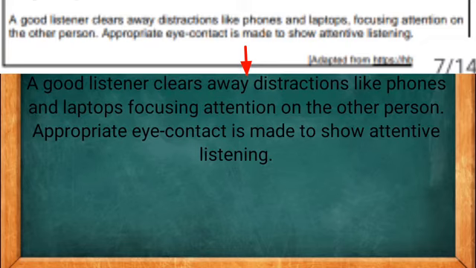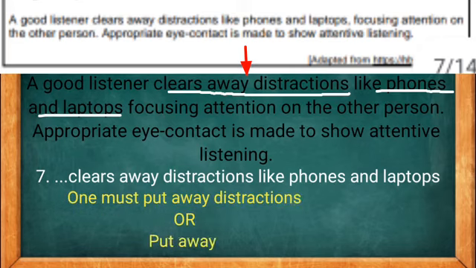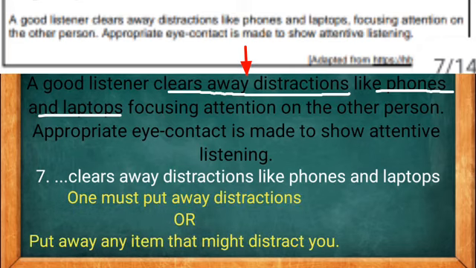Now, you'll notice here that the point is about clearing away distractions like phones and laptops, focusing attention on the other person. But the main point is to clear away distractions. So you may put this point in this way: one must put away distractions, or put away any item that will distract you.